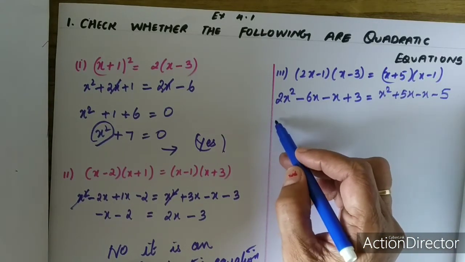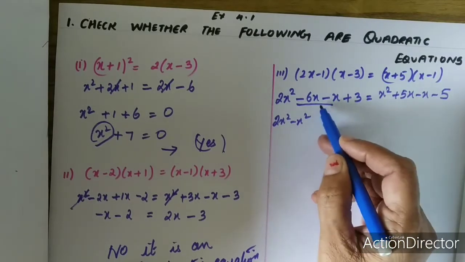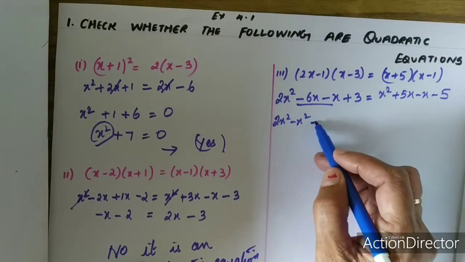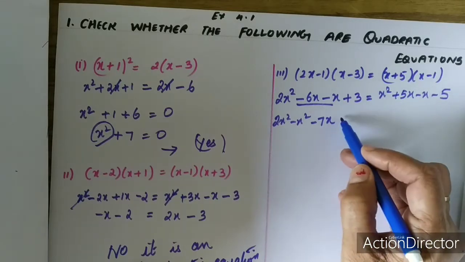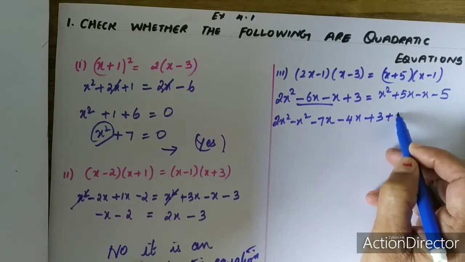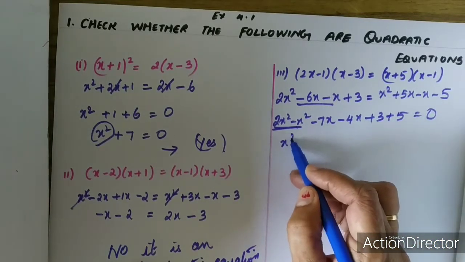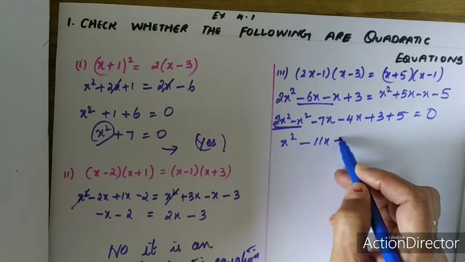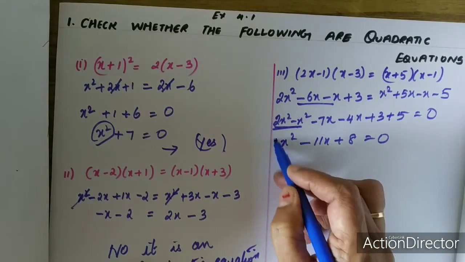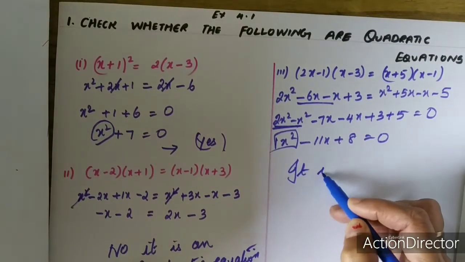So, let me transpose the values. 2x square minus x square, minus x minus 6x minus x is minus 7x, and let me transpose the value here, minus 4x plus 3 plus 5 equal to 0. So 2x square minus x square is x square minus 11x plus 8 is equal to 0. So you are going to observe over here the highest degree of x is 2. So it is a quadratic equation.